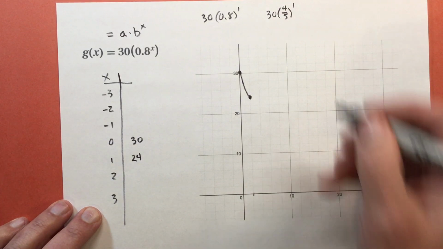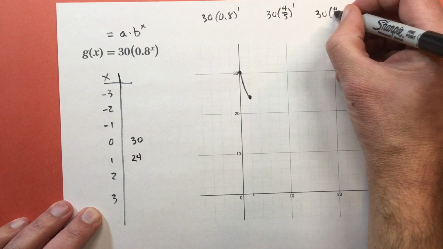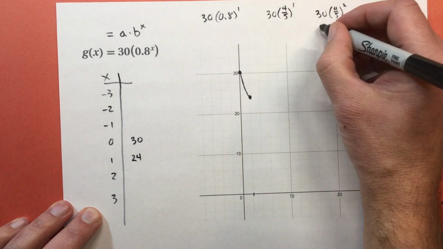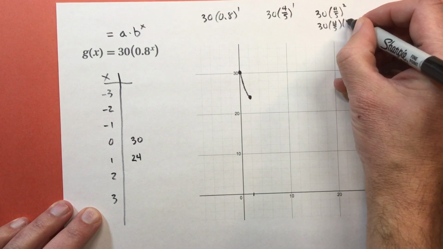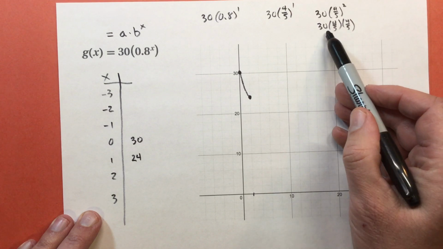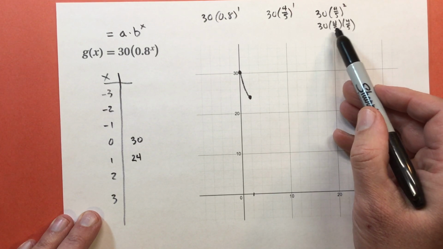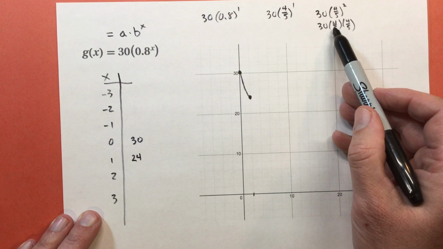The next one is going to be 30 times 4 over 5 to the second power. That's the same as 30 times 4 over 5 times 4 over 5. Okay, I already know that this is 12. Oh, I don't know why I said 12. I already know this is 24, okay?